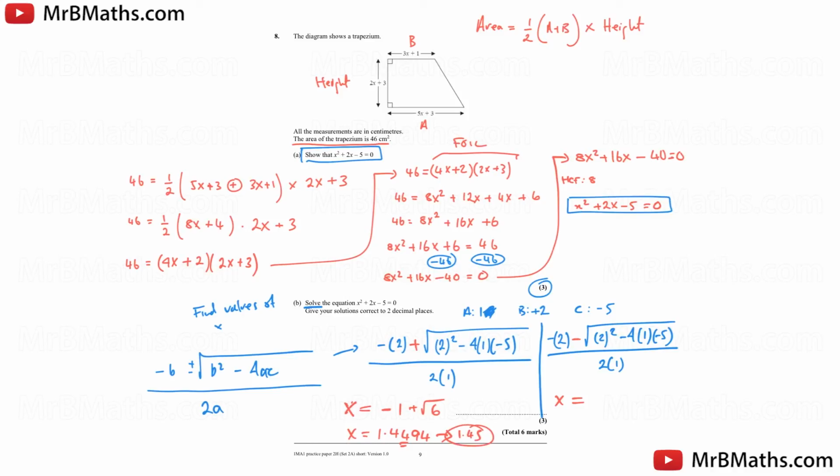And for our subtraction, you should get minus 1 minus root 6, which gives us minus 3.4494, which to 2 decimal places again will give us minus 3.45.